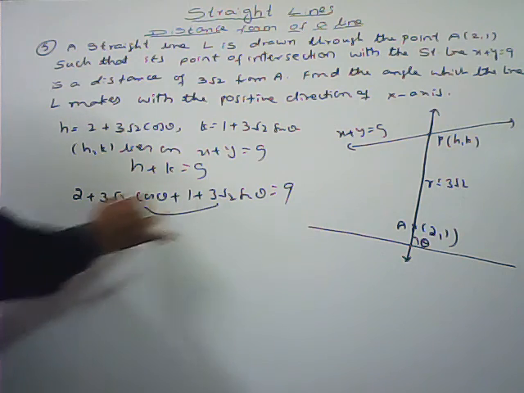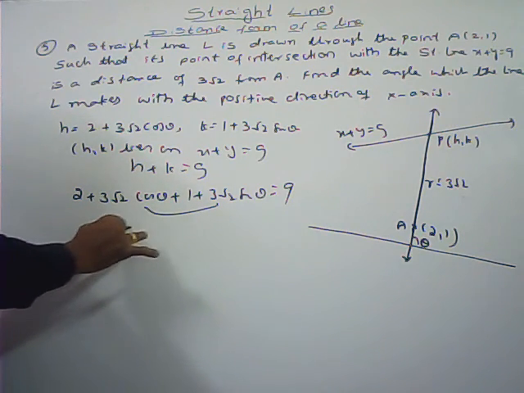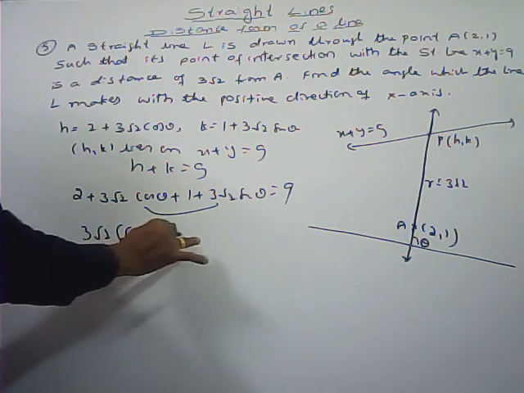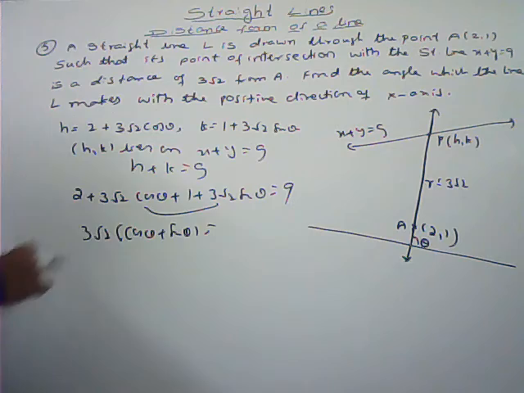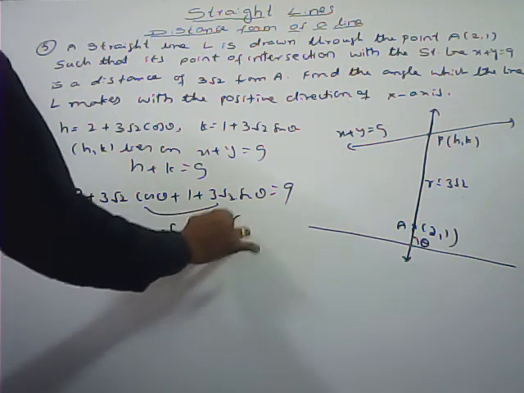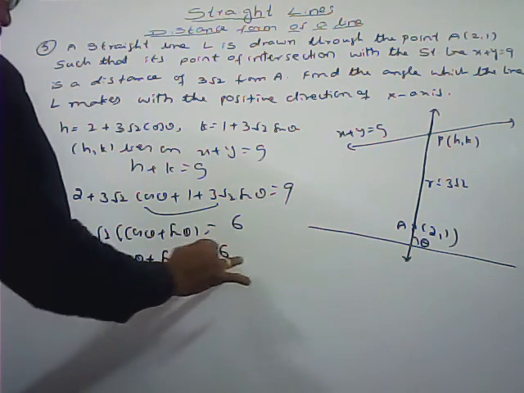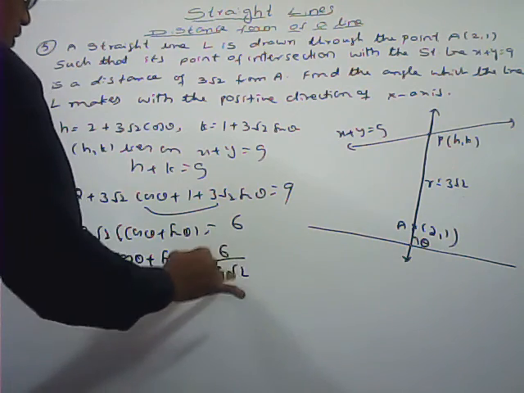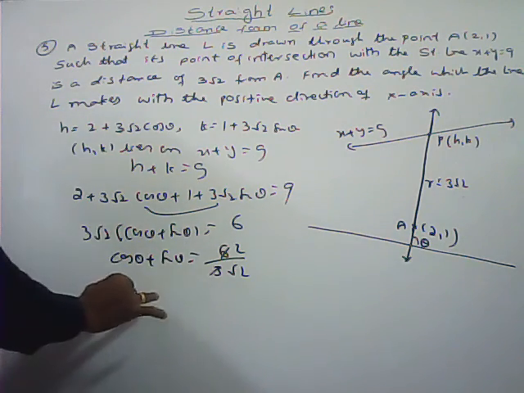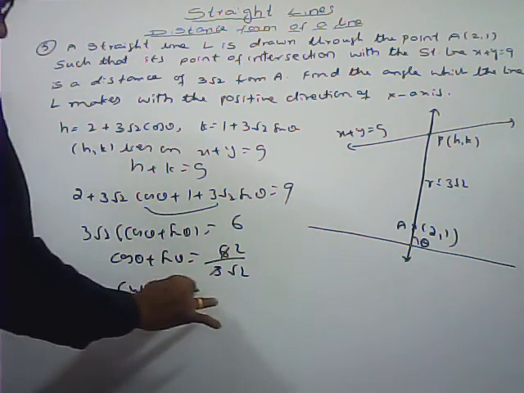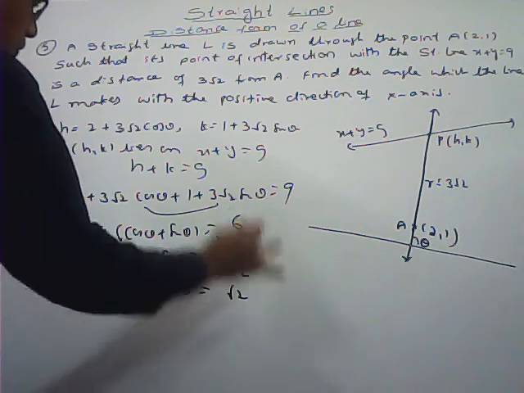From these two terms if I take 3 root 2 as common, cos theta plus sin theta is equal to 9 minus 3, that is 6 only. Cos theta plus sin theta is equal to 6 by 3 root 2, that is root 2.